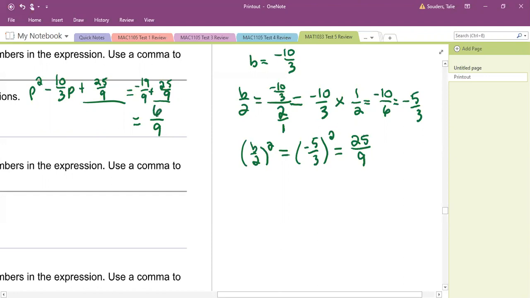Good. Now on the left side, this is an example of a problem that I probably would not want to factor because I personally am not very familiar with what multiplies together to 25/9 and adds up to negative 10/3, right? That's not a factoring problem I really want to have to do. So this is when it's helpful to know the rule, which is that you can always use what number?